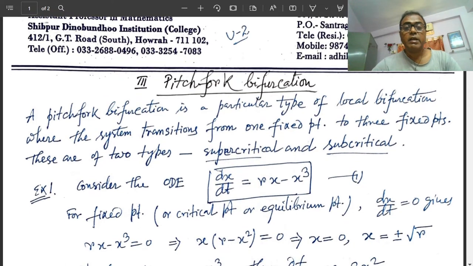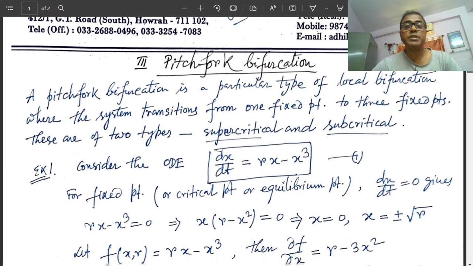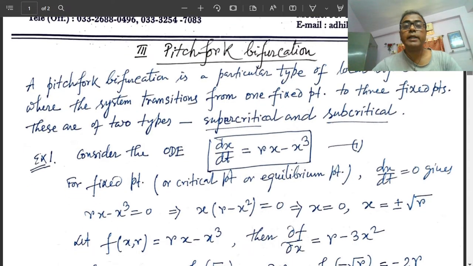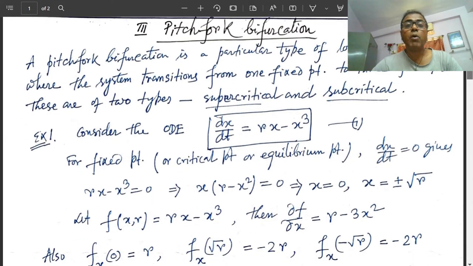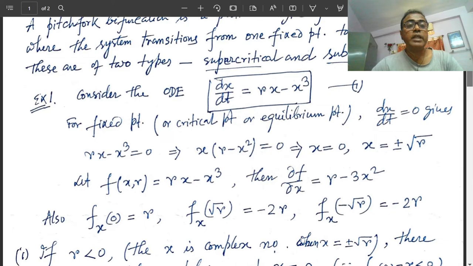Consider the differential equation dx/dt = rx - x³. r is the parameter and x is the state variable, that is the population density. For a fixed point or critical point we have dx/dt = 0.